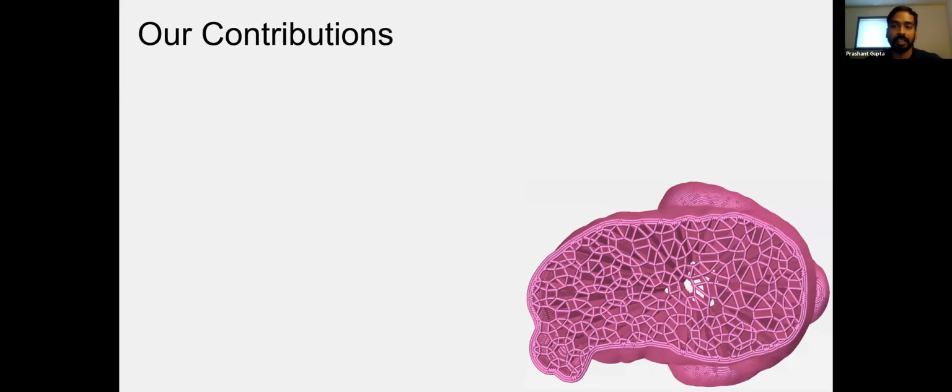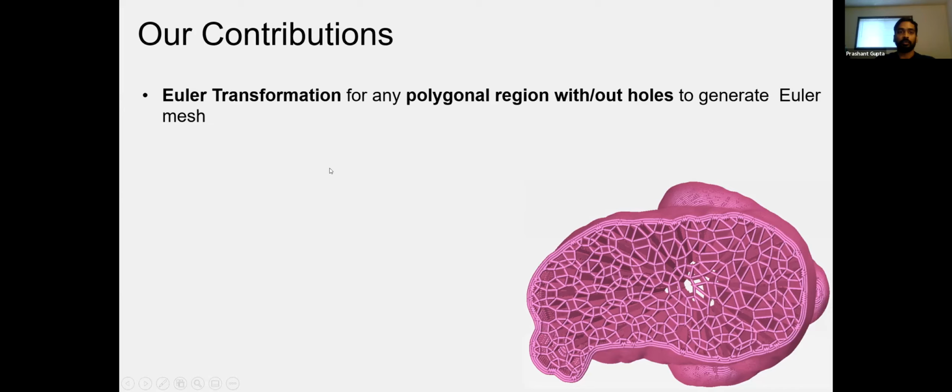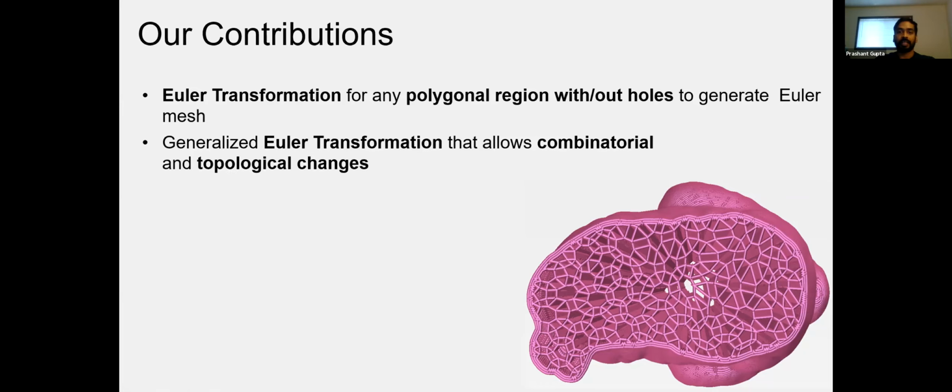So we came up with this idea of how we can transform any general mesh into an Euler mesh. If we are given an input mesh for any polygonal region, we can apply Euler transformation to generate Euler meshes. And we extended it for combinatorial and topological changes that can happen during Euler transformation.